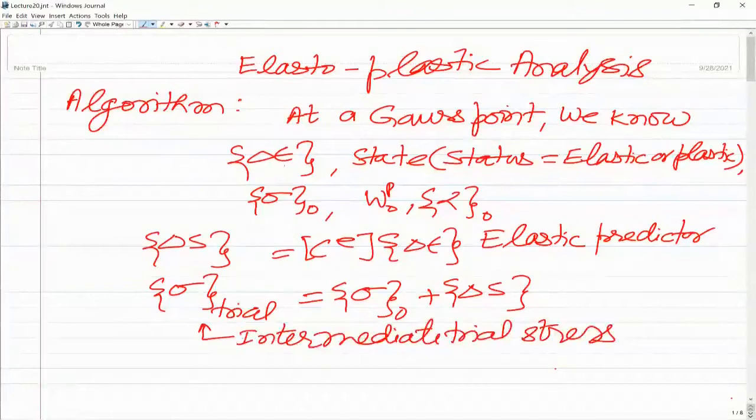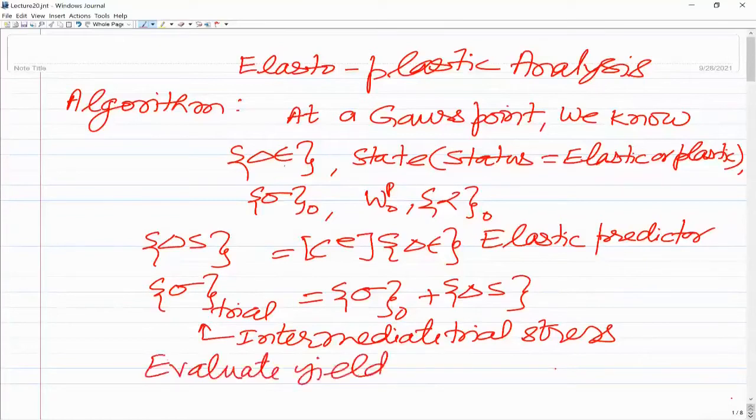So once we have done this initial set of calculations, then we evaluate the yield function. Now evaluate the yield function. So again, only the stress we are using is the trial stress, and other quantities in the yield function correspond to the previous iteration or step.